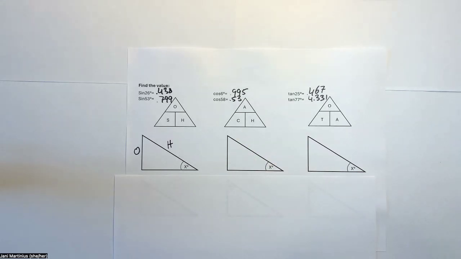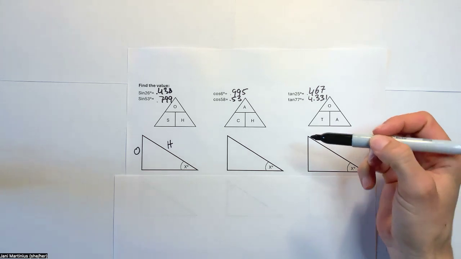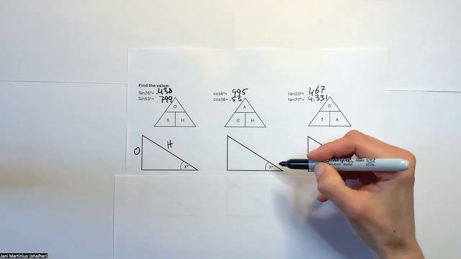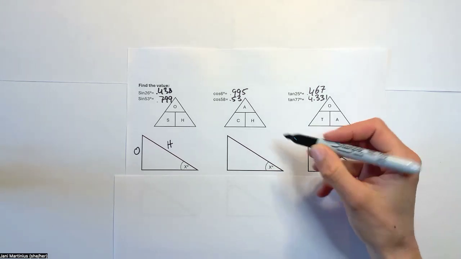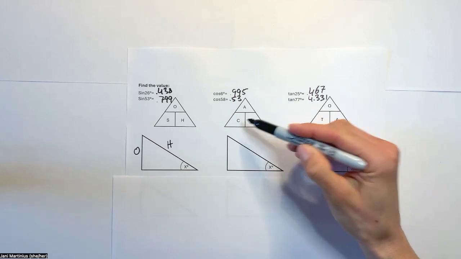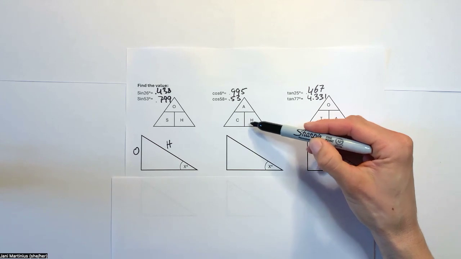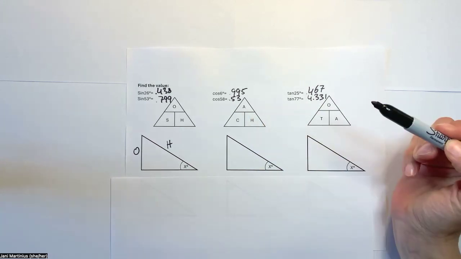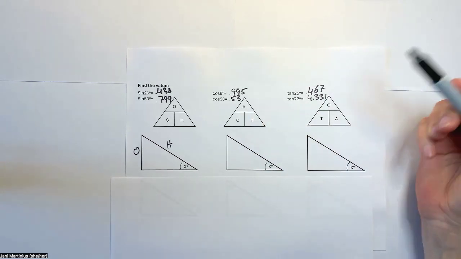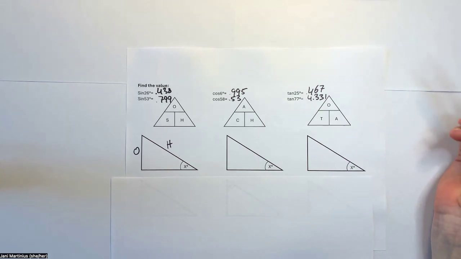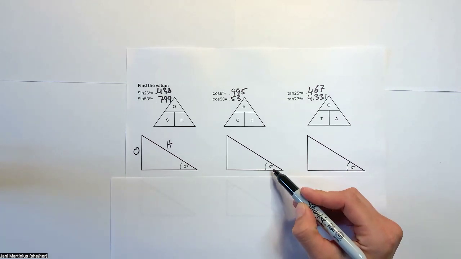Let's move on over here to the CAH. In this version, we are using cos because we have available to us an angle, a hypotenuse, and an adjacent side. Either they're available or that's what we're trying to figure out. So this is where our angle is.